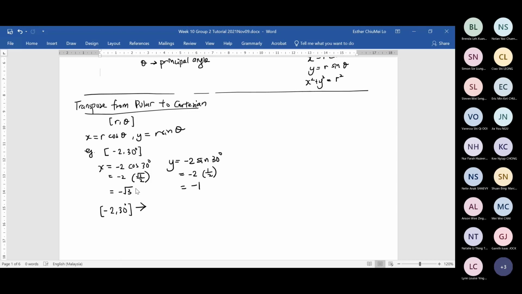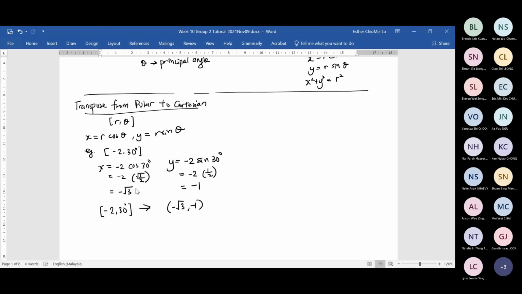Use an arrow here, please do not use an equal sign. So they map onto the x and y of the Cartesian coordinate.